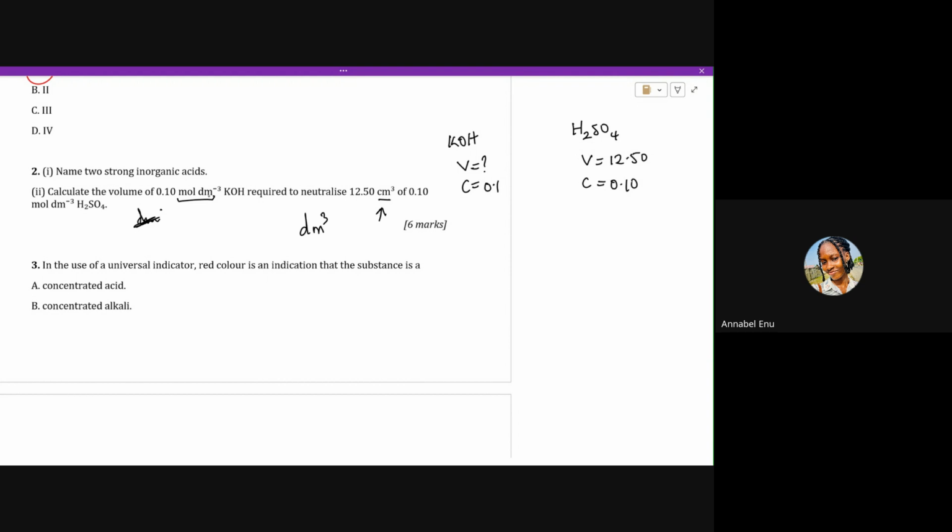But except you're being asked to do that, that is when you do that. Since in this case one of the volumes is already in centimeters cube, we might just find our new volume also in centimeters cube. All right.